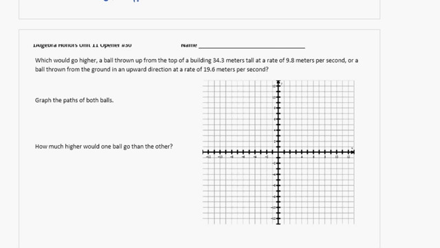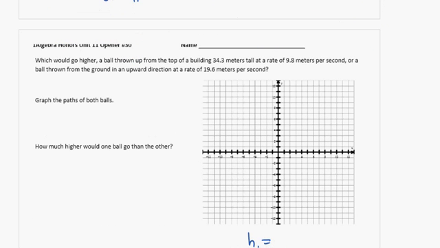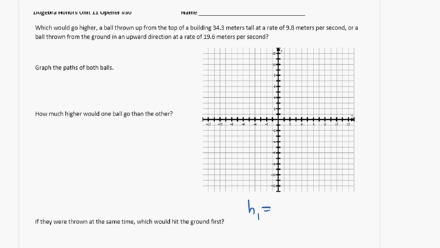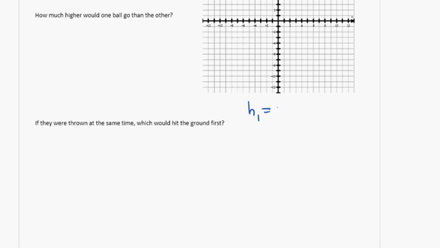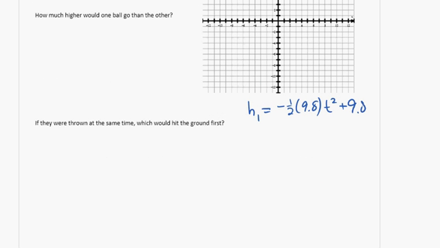So let's do height 1, h of t. We'll just call it h1. So that's thrown from 34.3 at 9.8 up. So it's in meters, so negative 1/2 times 9.8 t squared plus my initial velocity, 9.8 t plus 34.3.